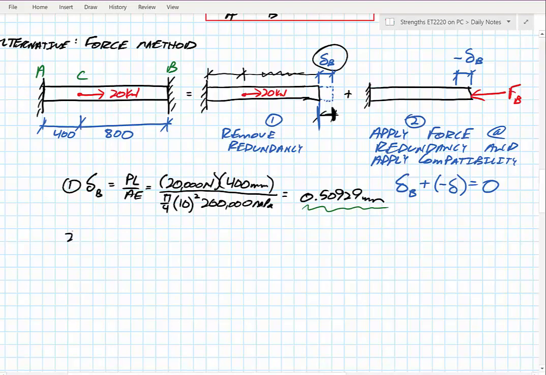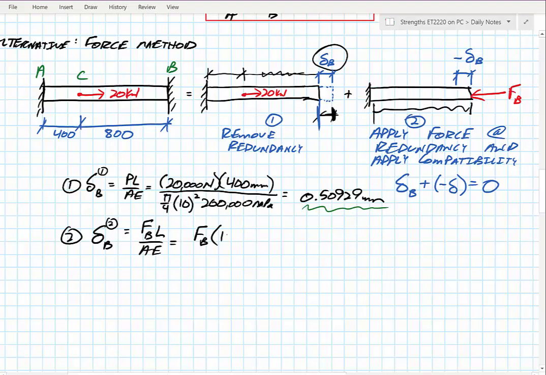For that second step, what we're saying is our deflection at B afterwards, maybe I could label this as 1 and 2, right, is equal to the force at B times the length over AE. So this reaction at B is what my unknown is. Now, when I'm looking at compressing this whole thing in, it is the entire length.